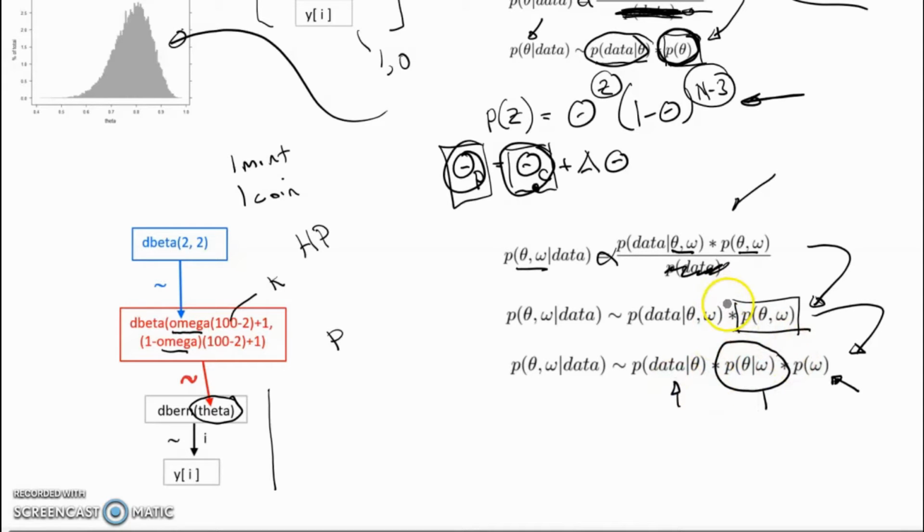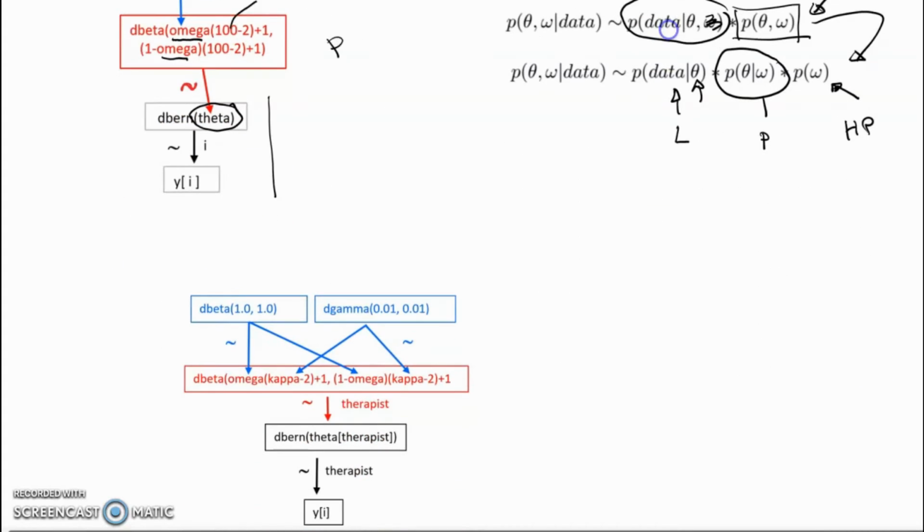The other thing that's happening is that when we think about our likelihood function, we decide that once we know theta, we no longer need to worry about omega. So we factor this thing out into likelihood, prior, and hyperprior.